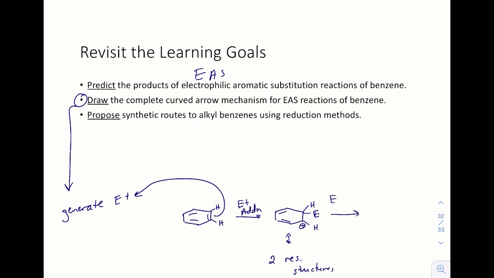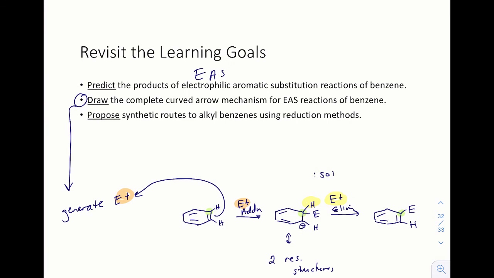And then finally, there's an electrophile elimination step to generate the final product, just keeping in mind that although I've written E+ twice, E+ is generic. And so in the electrophile elimination step, I really do mean that the proton is leaving, specifically the proton that is bonded to the carbon that made the bond to the electrophile.